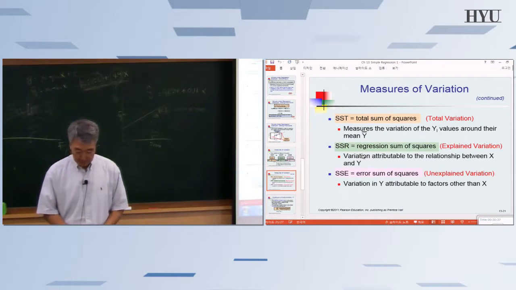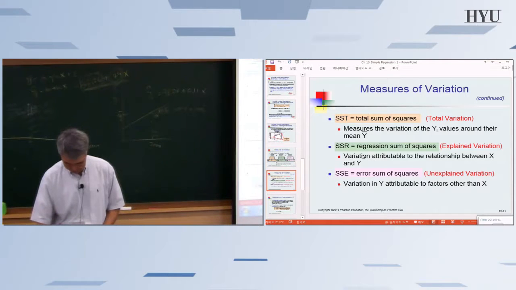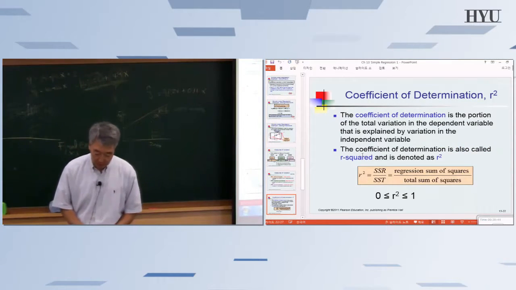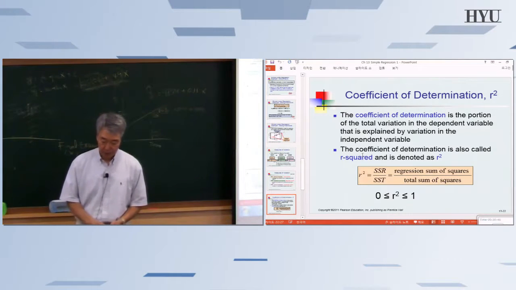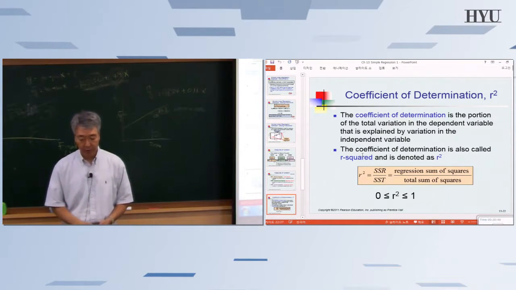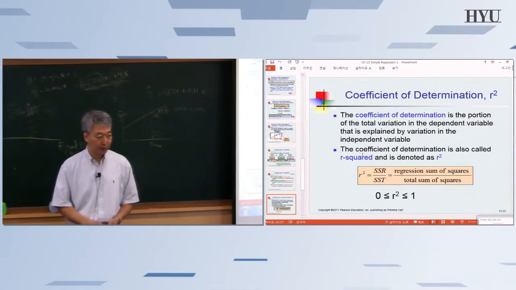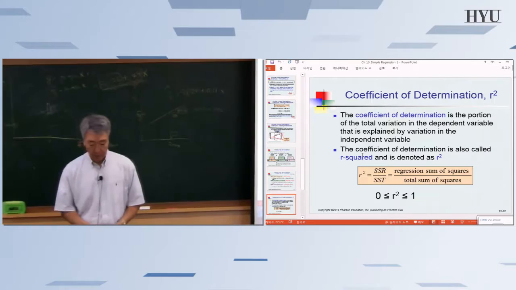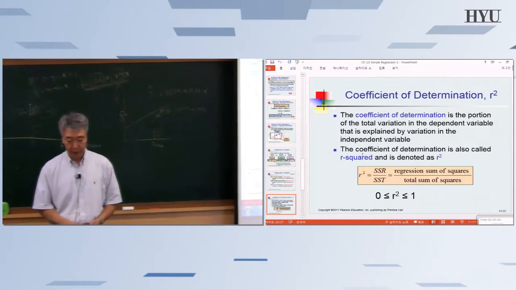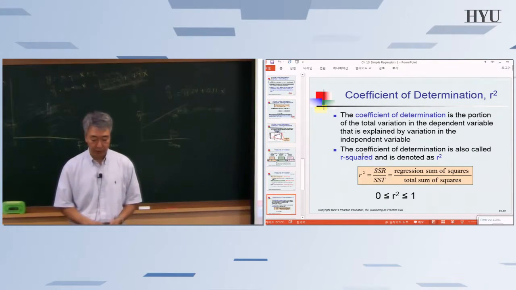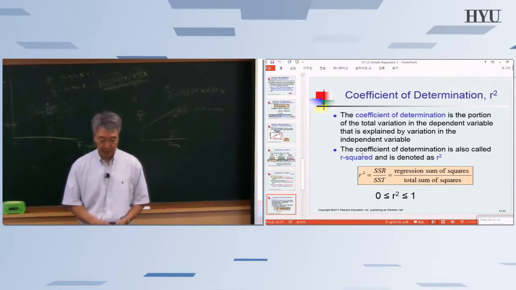I explained everything here: total variation, explained variation, and unexplained variation. So once you calculate those numbers, we can calculate the coefficient of determination. We call it R square. The concept of R square is that it's the portion of the total variation in the dependent variable, y, that is explained by the variation in the independent variable.